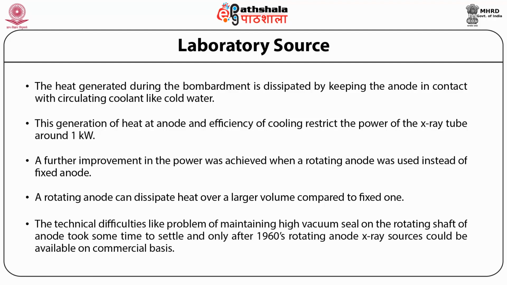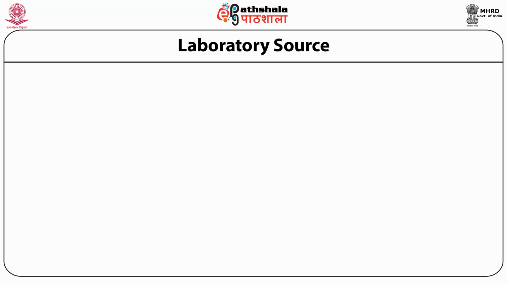Technical difficulties like the problem of maintaining a high vacuum seal on the rotating shaft of the anode took some time to settle, and only after the 1960s could rotating anode X-ray sources be available on a commercial basis.